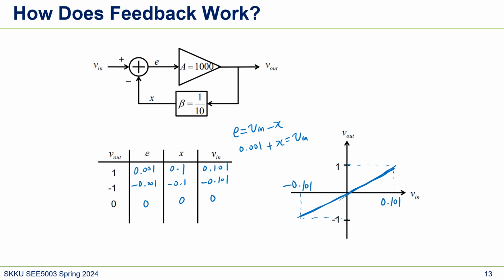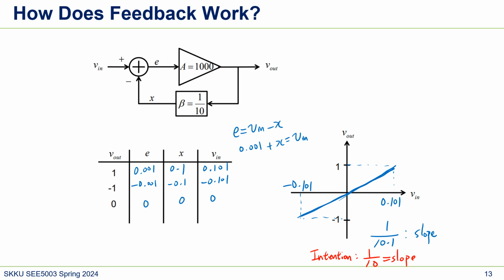So that's the slope. But our intention as the designer of the circuit is this slope. That's our intention, right? But by using this feedback circuit, we have a limited gain, so that's why we have this slope.